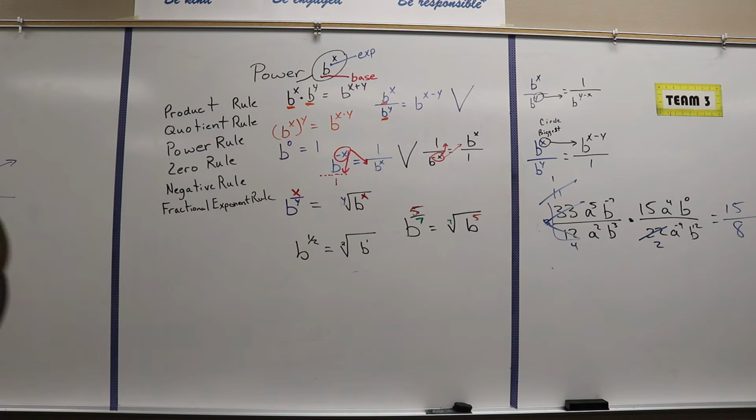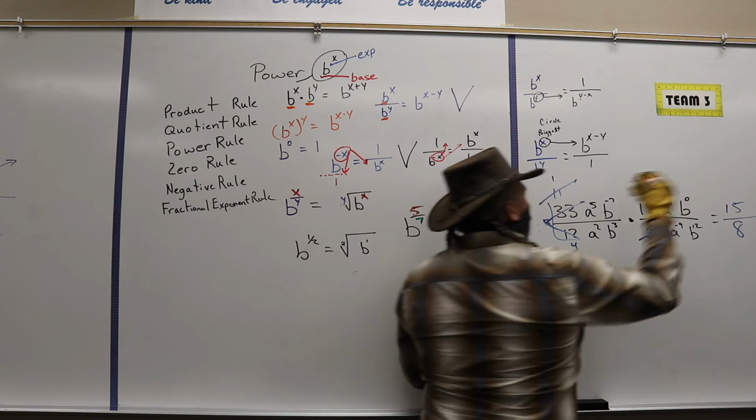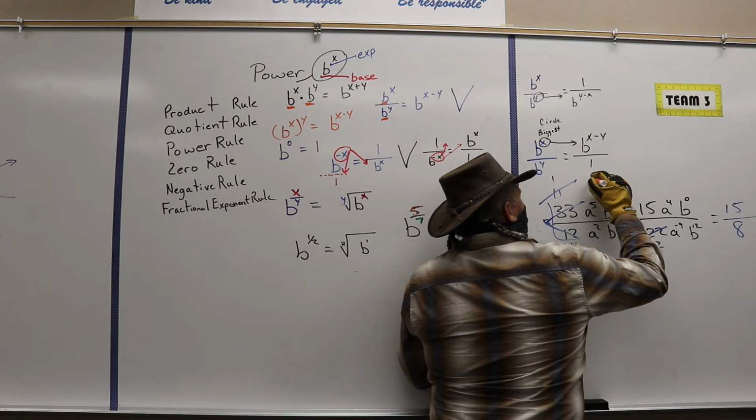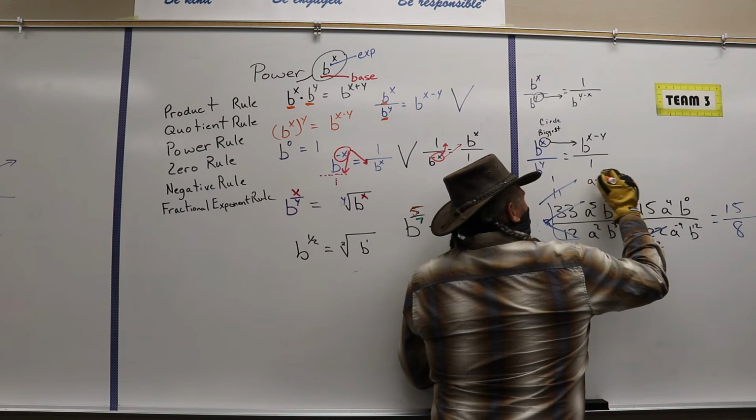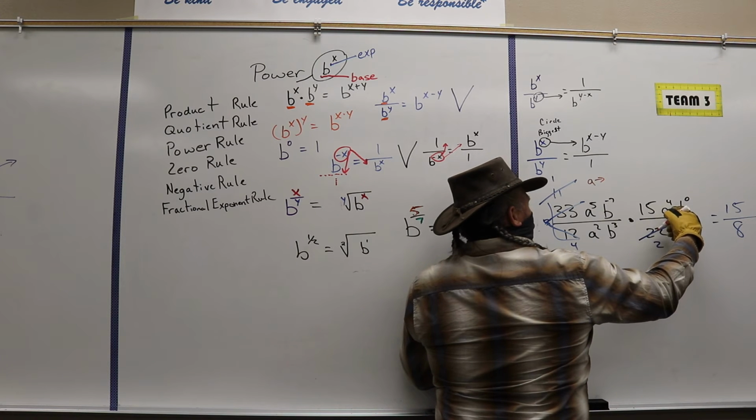Now I just deal with the A's and B's. So the A on top, let's deal with that as orange. So A, I'm saying it's a to the 5th and a to the 4th.